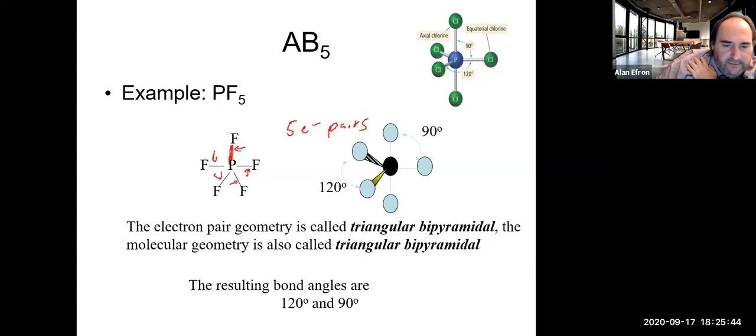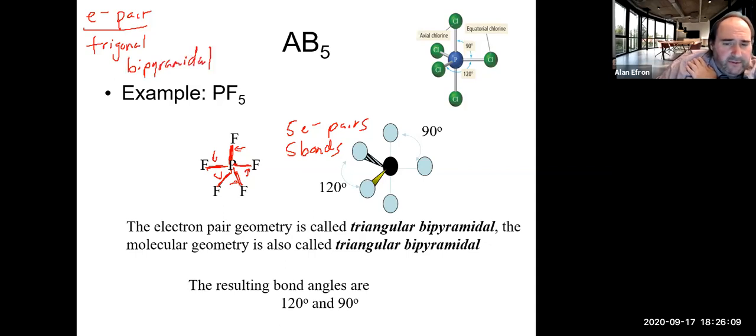It also has 1, 2, 3, 4, 5 bonds. Obviously an exception to the octet rule, the expanded octet here. Something with 5 electron pairs has an electron pair name of trigonal bipyramidal.